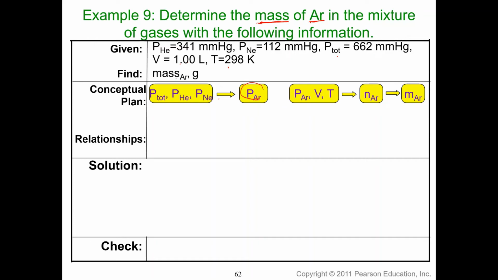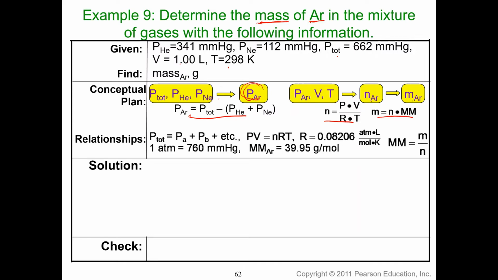Once you find the argon pressure, you put it in the ideal gas law equation and find the moles of argon. Then from moles, you convert to mass using molar mass. So Dalton's law, ideal gas law, molar mass. And the rest is just a matter of calculations, right?